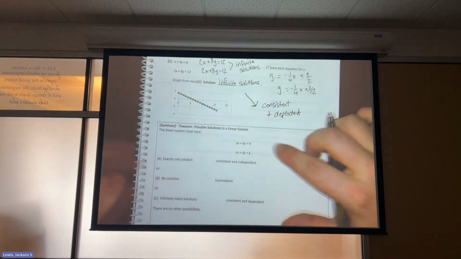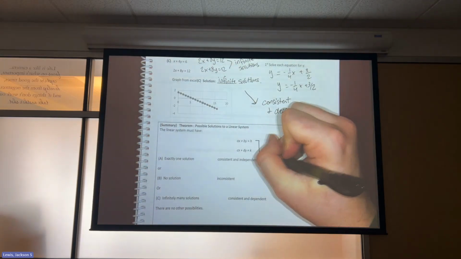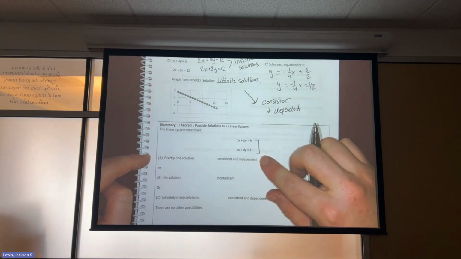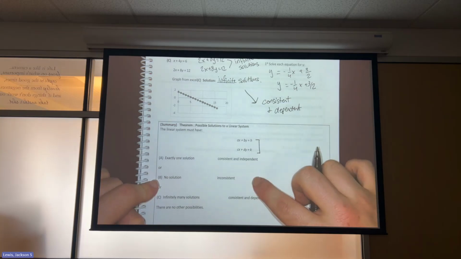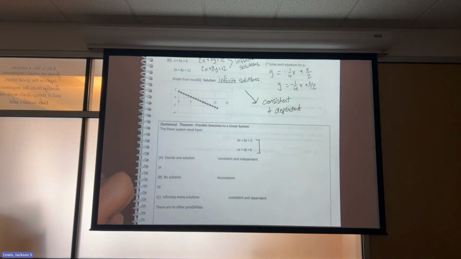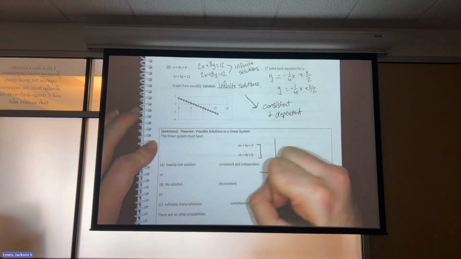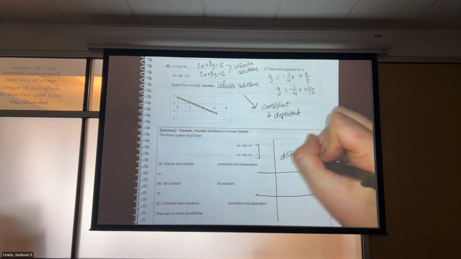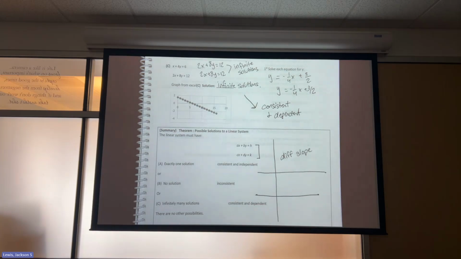So, we have a theorem that lists this out. A linear system like this must have either exactly one solution, in which case we say it's consistent and independent, no solution, which means it's inconsistent, or infinitely many solutions, which is consistent and dependent. And just so we know on a case-by-case basis: exactly one solution means different slope and any intercept.